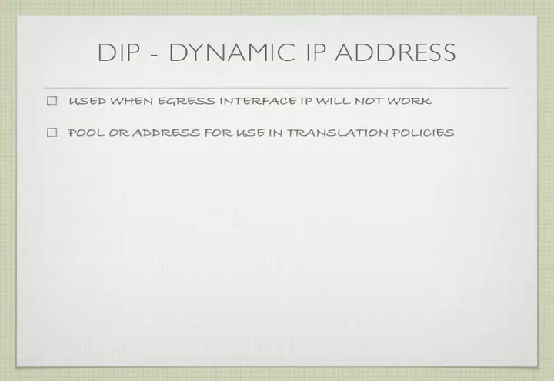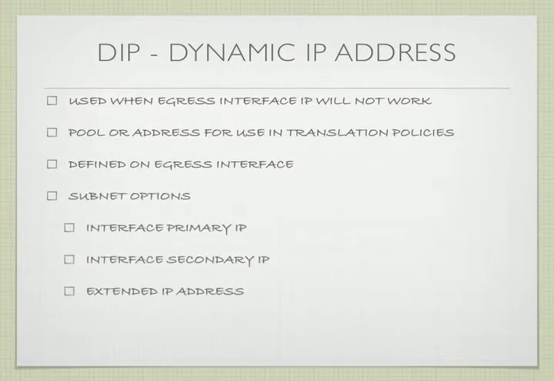The DIP can be a pool or a single address to be used in translation policies. You create the dynamic IP address, the DIP, on an egress interface where it will be used. And when you create them, there are options that you have in the subnets.